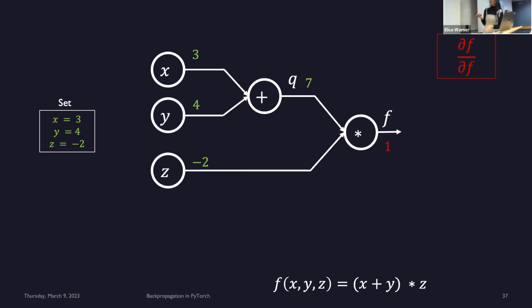Then we move back one node to look at q, and take the partial derivative of f with respect to q. f equals q times z, because we defined q as x plus y. So the derivative of f with respect to q should be z, right? z equals -2, so the derivative here is going to be -2.